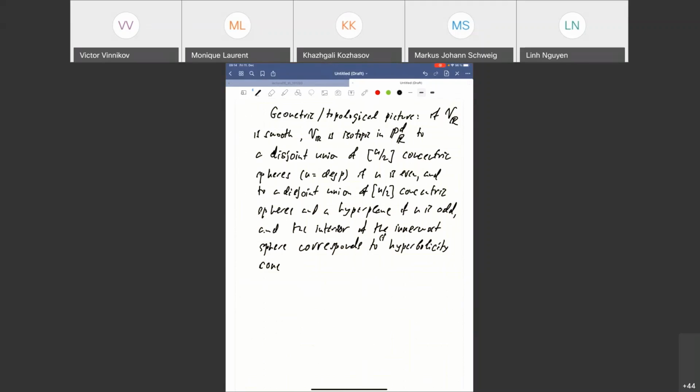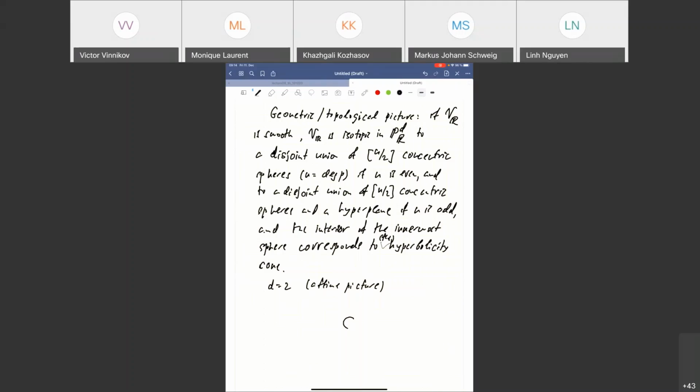Well, in this case, it's actually a unique hyperbolicity cone. So the picture, if we take the case of 3 homogeneous variables, so dimension is 2, and if I draw the affine picture, if you wish, take a plane cut so that I can actually draw a picture, it looks something like that.